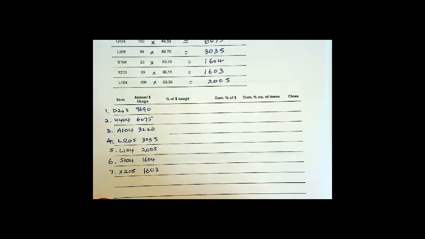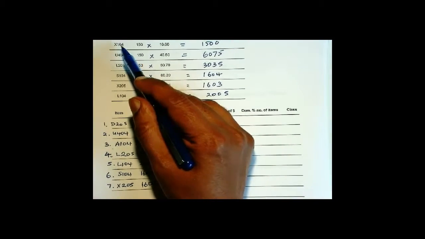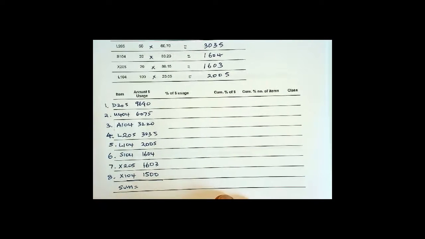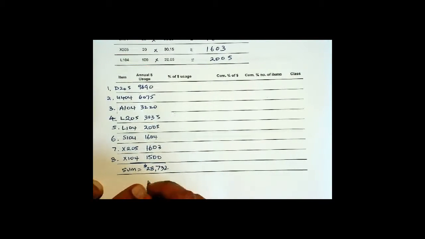And then finally we have X104, and that is 1500. So then we sum, that gives us the total 28,732. That is the total annual dollar volume.